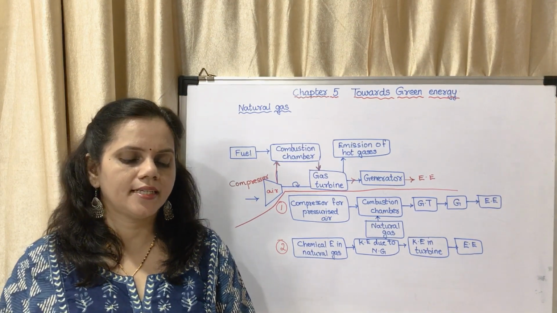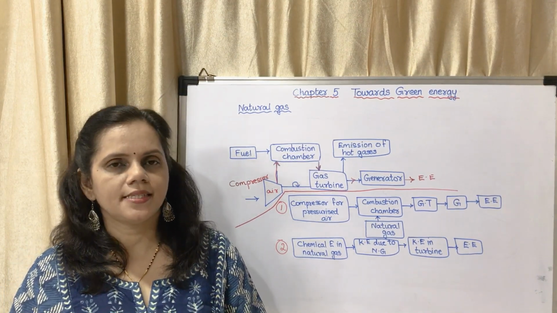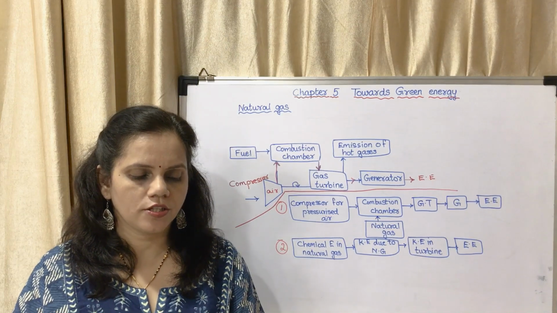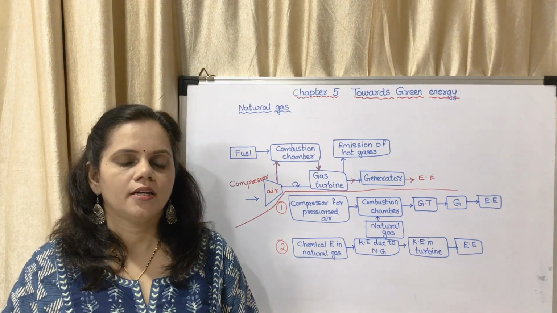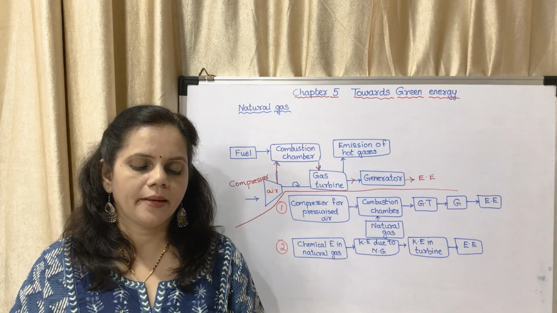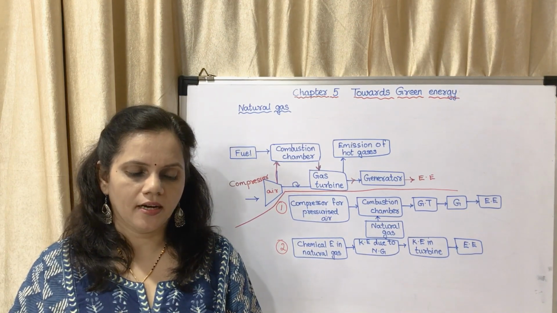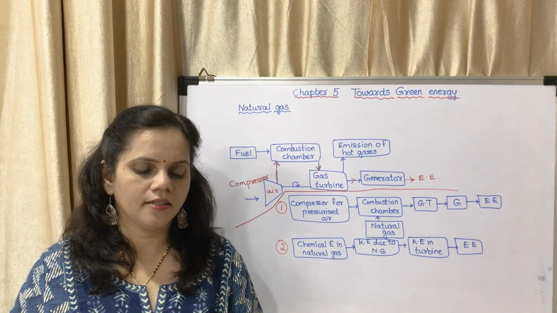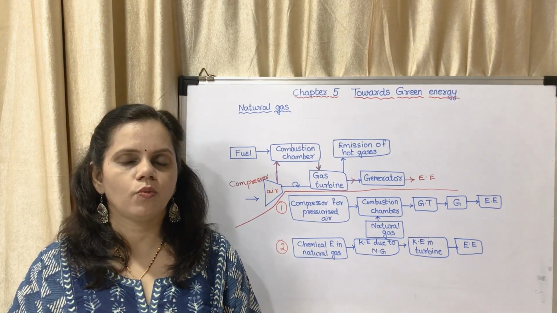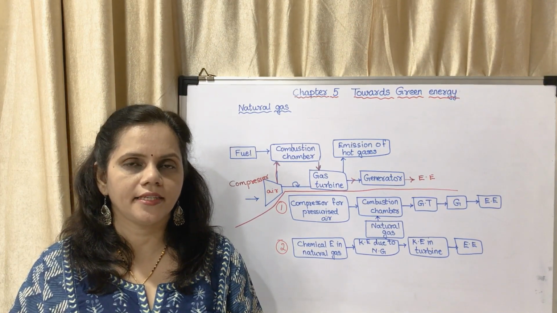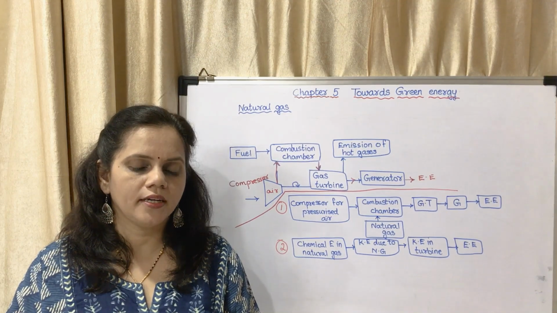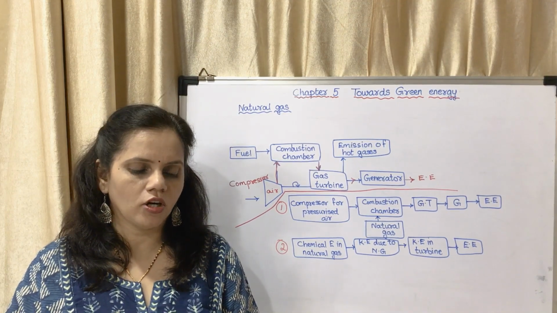Kudankulam, the state is Tamil Nadu, capacity 2000 megawatts. Tarapur is in Maharashtra, capacity 1400 megawatts. Rawatbhata is in Rajasthan, capacity 1180 megawatts.